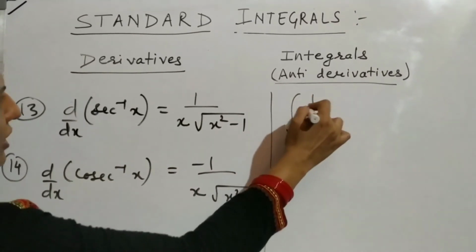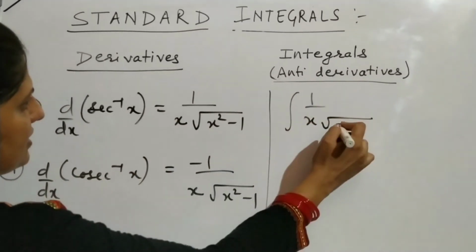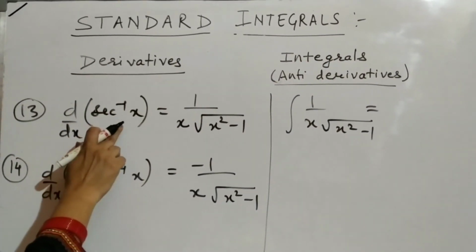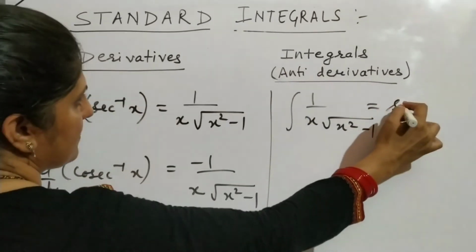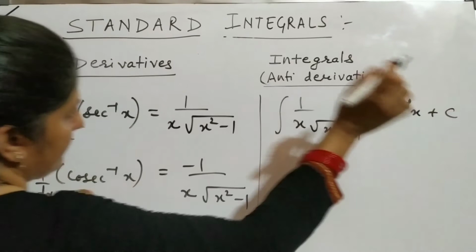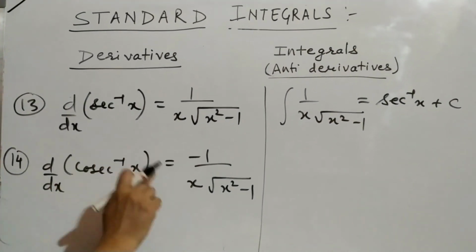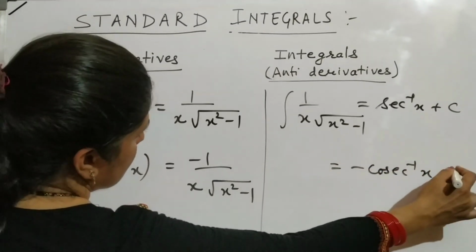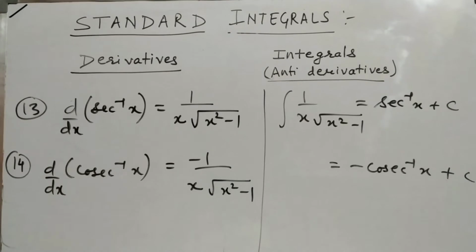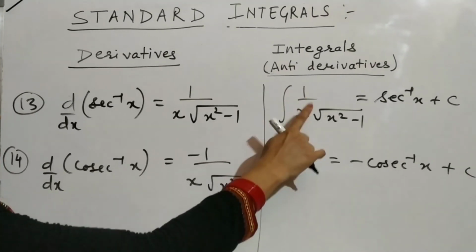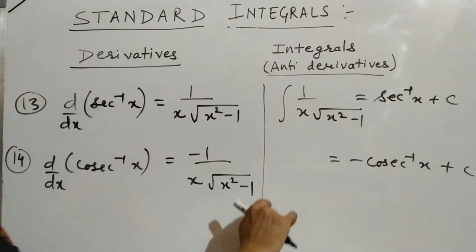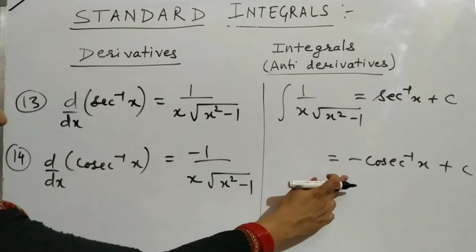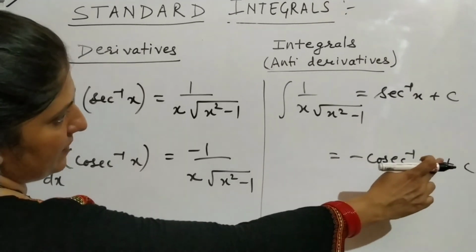Thus, the integral of 1 upon x into under root x square minus 1 is equal to secant inverse x plus c, or you can say minus cosecant inverse x plus c.